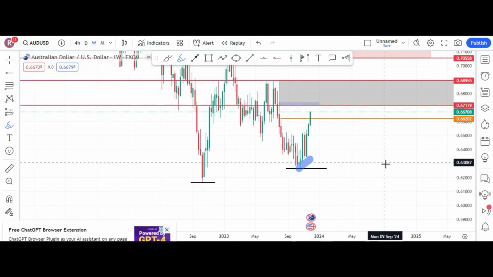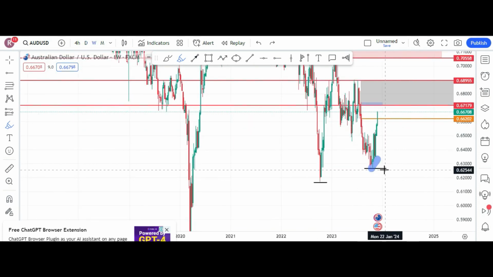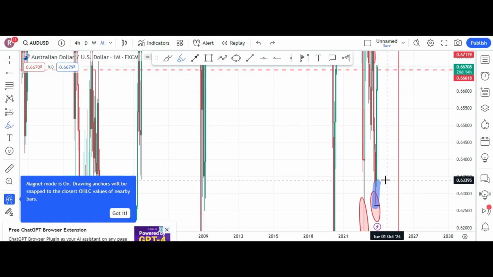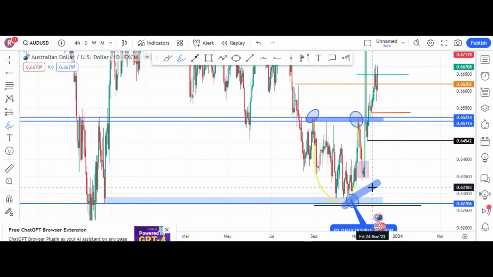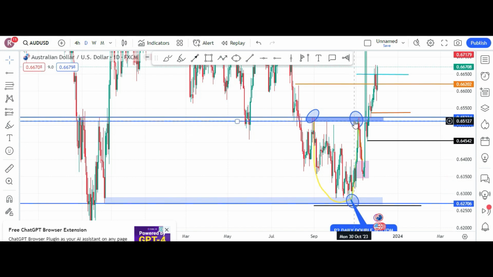In the week, we couldn't find it here, but in the day there is a double bottom from here, and that put the price on being bullish from this level. This is the daily double bottom, which caused the price to move upward. Again, it created another double top on the daily, and it pushed the price back, which we can see in weekly also.